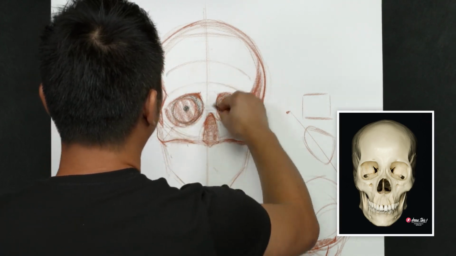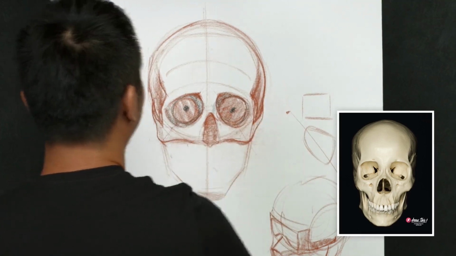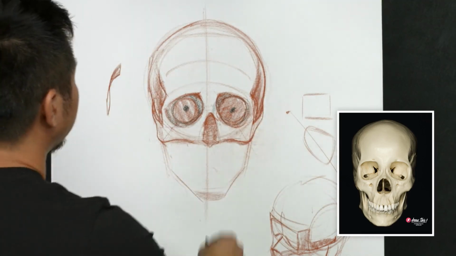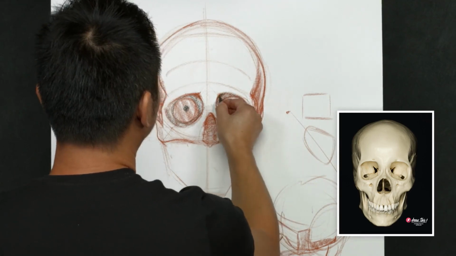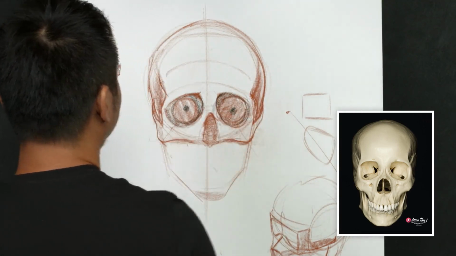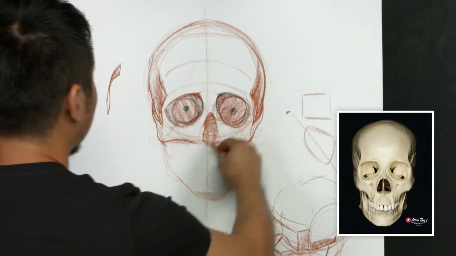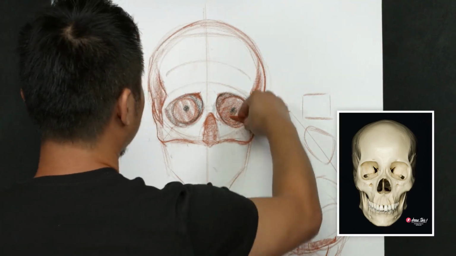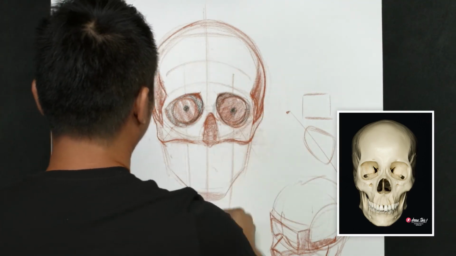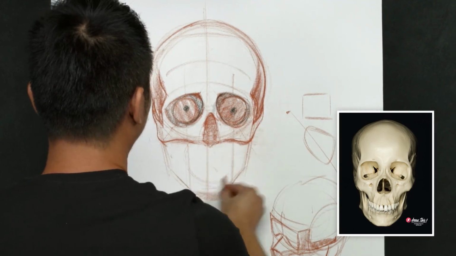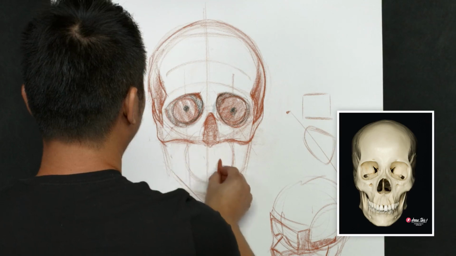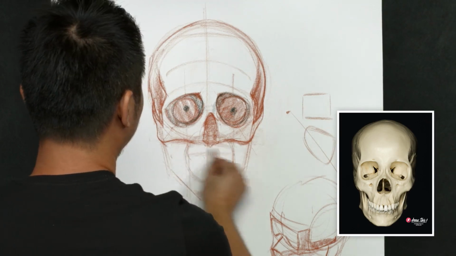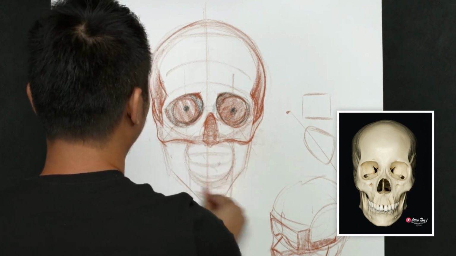So yeah, it pretty much fills in the whole eye socket. If we bring that line down, that's going to give us the whole muzzle. That muzzle protrudes out like this, so you can feel the volume of it.